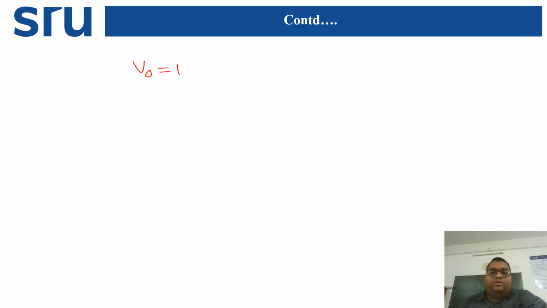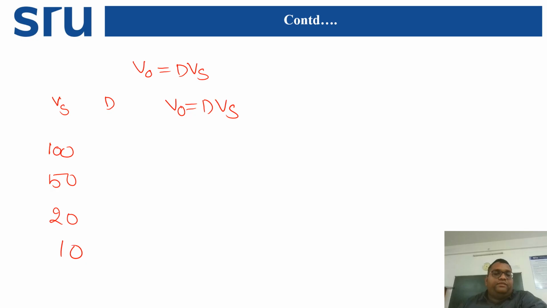V naught is equal to D times Vs. Let us assume the Vs voltage, next the duty cycle, next V naught is equal to D times Vs. Let us take Vs as 100 volts. After that, let us take 50, after that 20, after that 10.